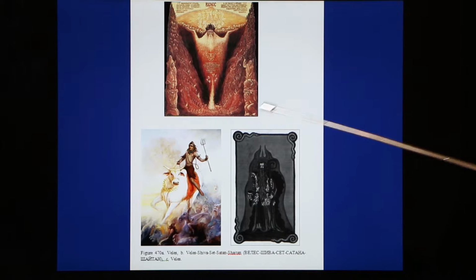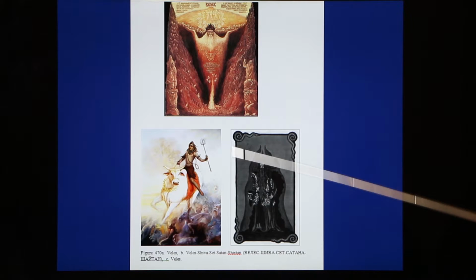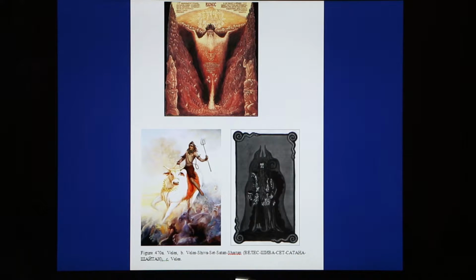And if we go to Russia, here is Veles, who also is this dark side of things. And here is an early Russian drawing. And look at what the Russians say. Veles, Shiva, Set, Satan, Shaitan.